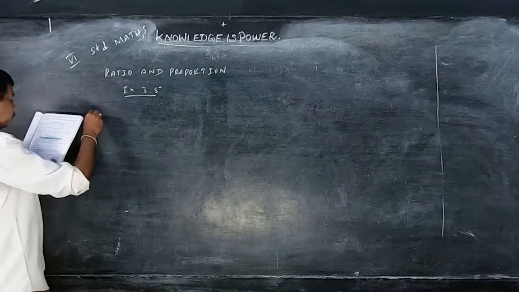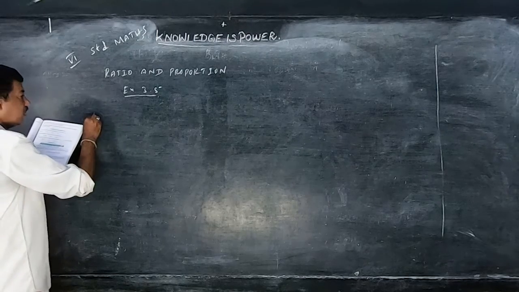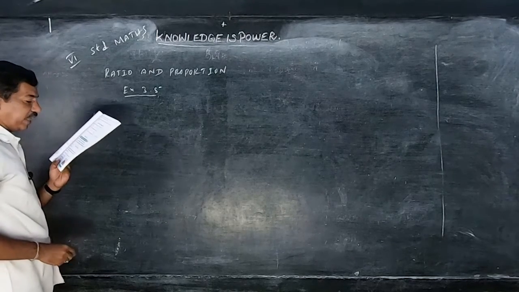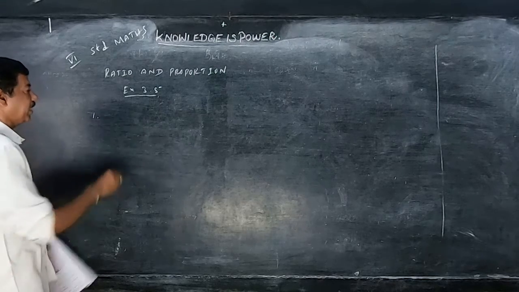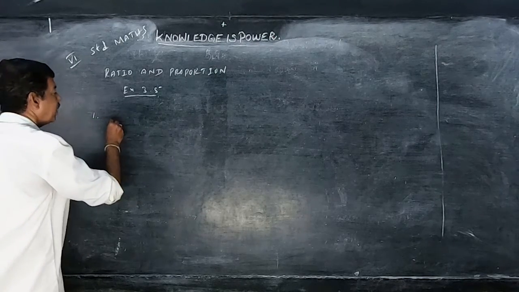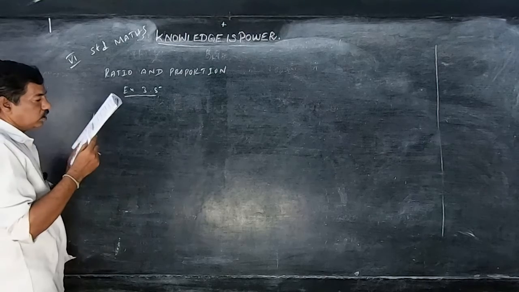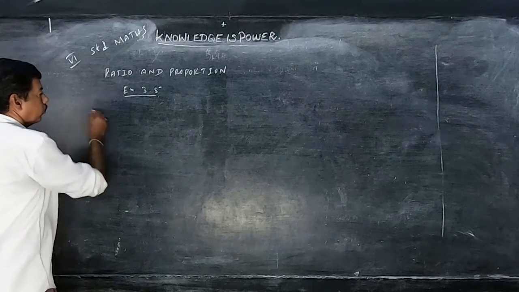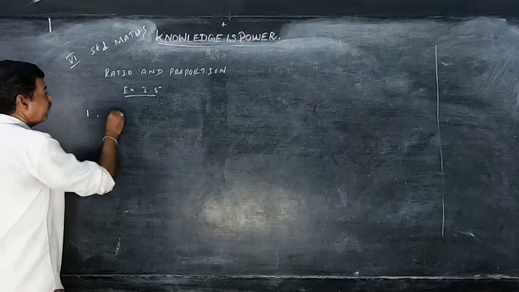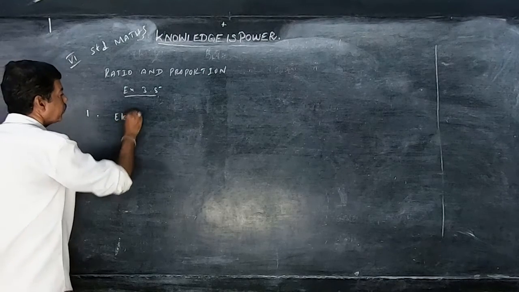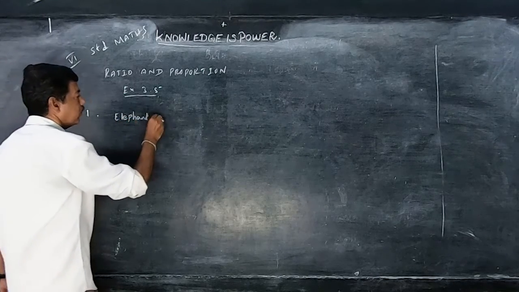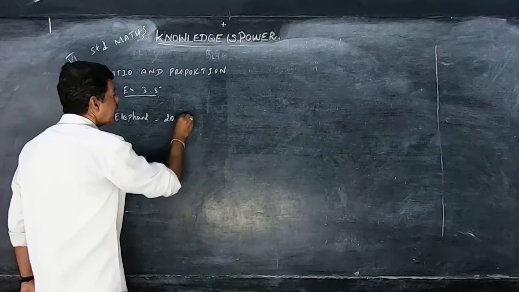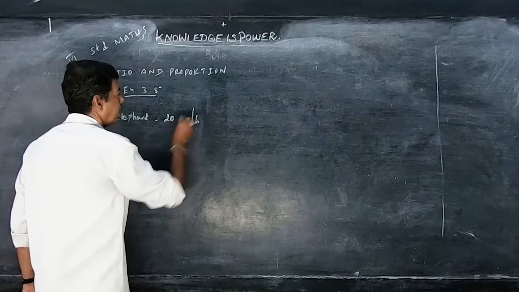Okay, the same way they are giving, we have to follow the ratios. So, exercise 3.5 miscellaneous problems, the first one: the elephant and the lion. What are the terms given first to represent that? Elephant is equal to 20 kilometer per hour.